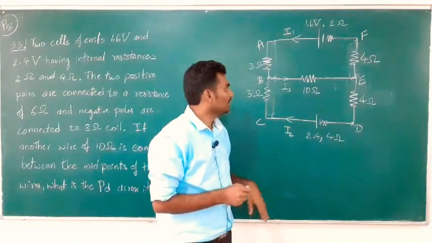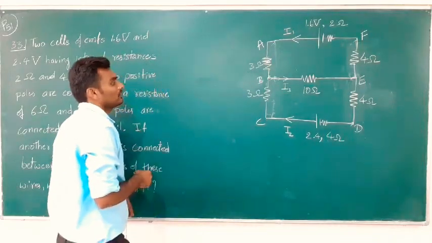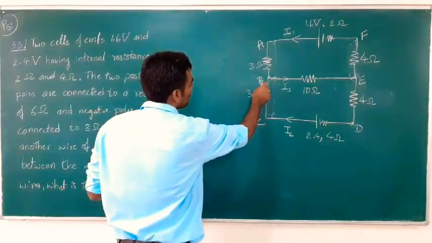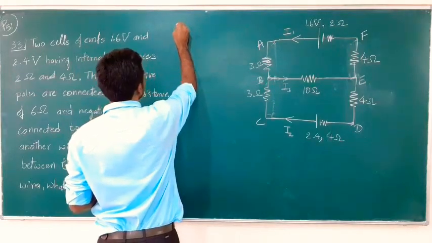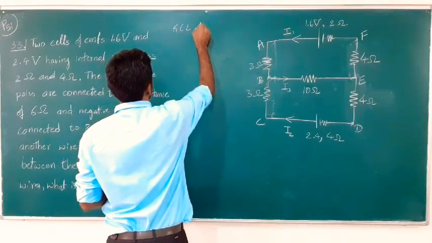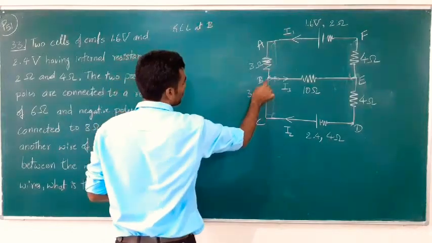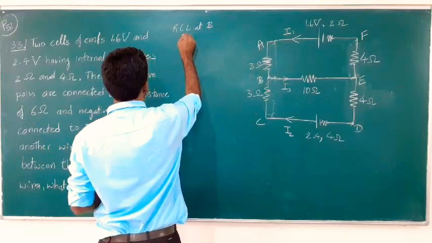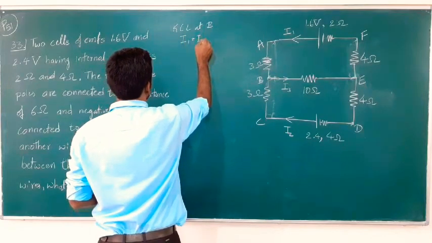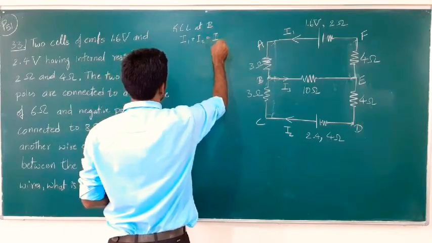Okay, the same way we'll apply KVL, but KCL shall be first applied at point B. Applying KCL at point B, what we get is I1 plus I2 is equal to I3. Right?